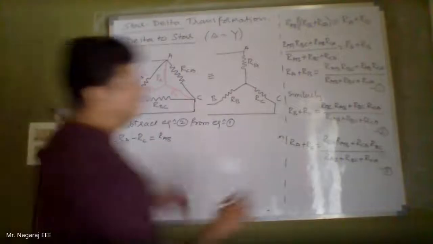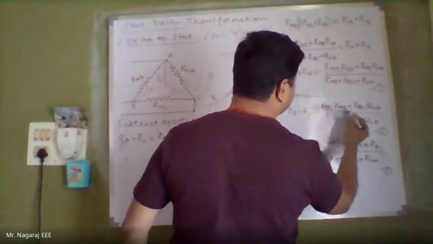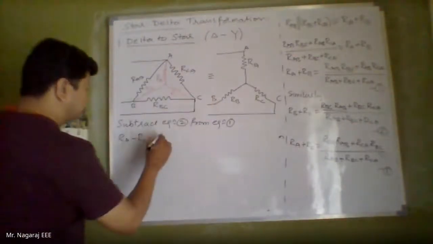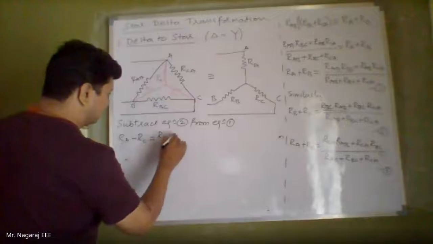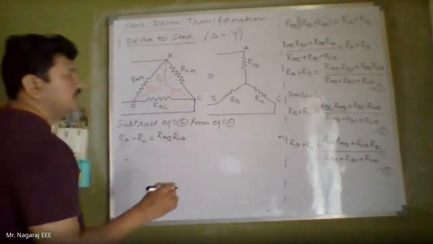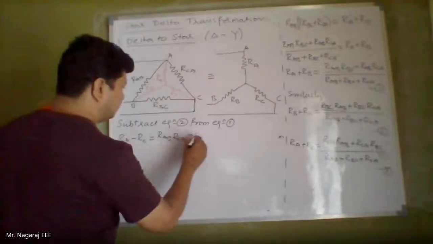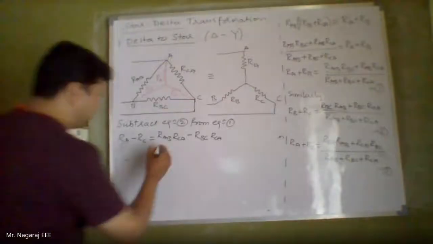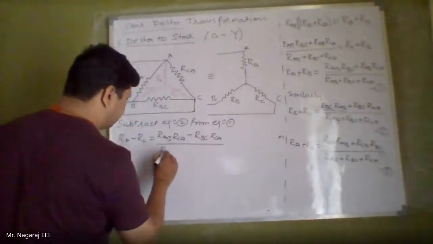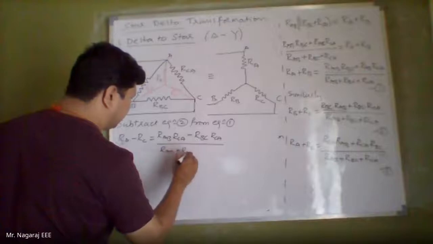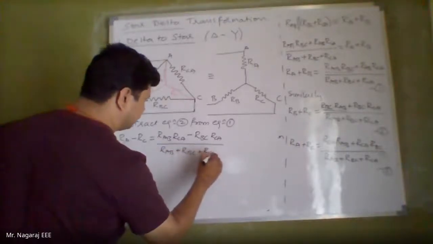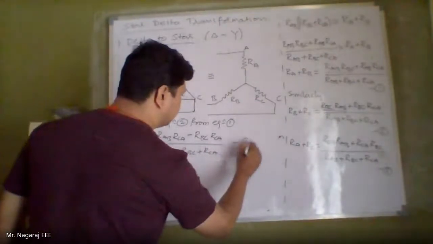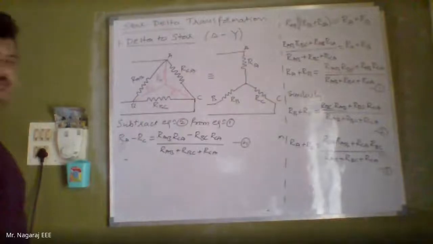The first two terms, this minus this, will cancel. Directly I will give RAB RCA minus RBC RCA, divided by RAB plus RBC plus RCA. You take this as equation 4.